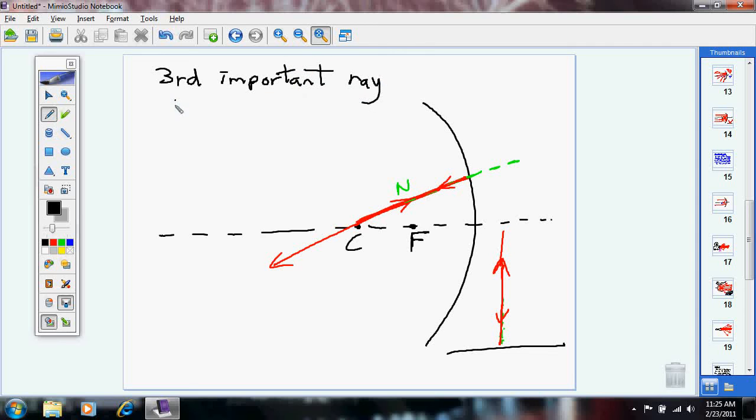I personally sometimes call this the backup ray. You know, this is our backup. Call them the backup because you can't use the first two standards.